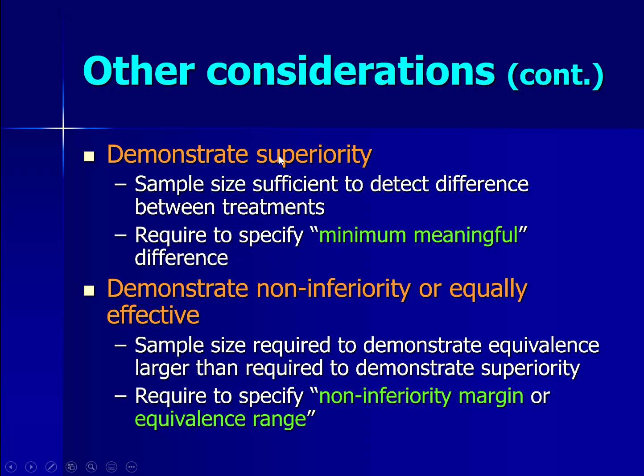So these two approaches lead to different specifications of the meaningful level, and it really affects the sample size calculations. Usually the second one leads to a larger sample size than the first one, to demonstrate superiority.